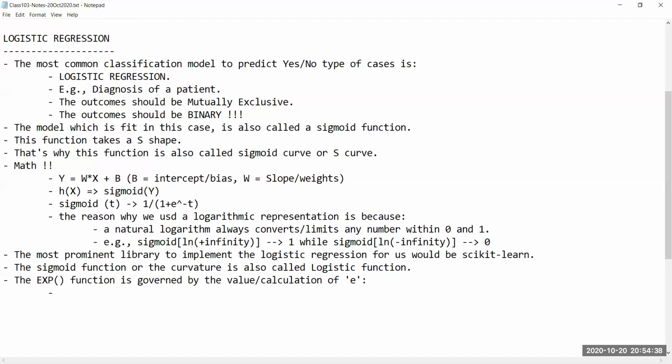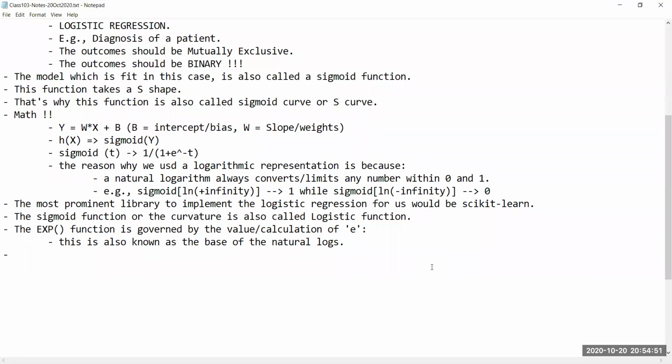Let me just take a tab. This is also known as the base of the natural logs, right? This is just the basic mathematics which is behind this.